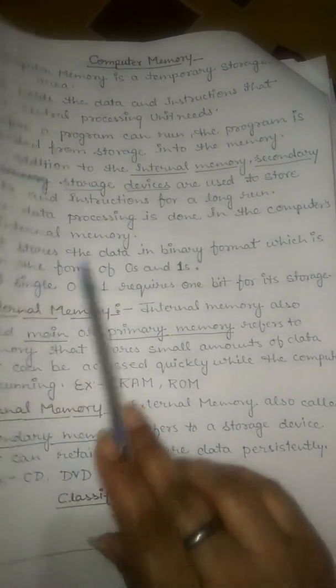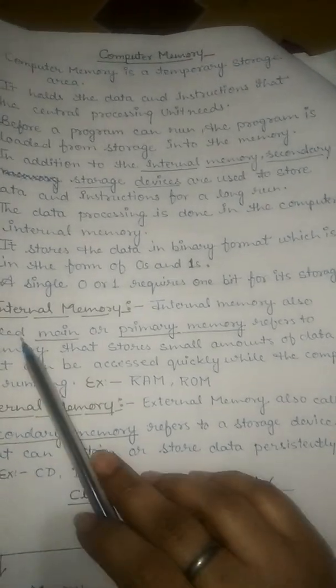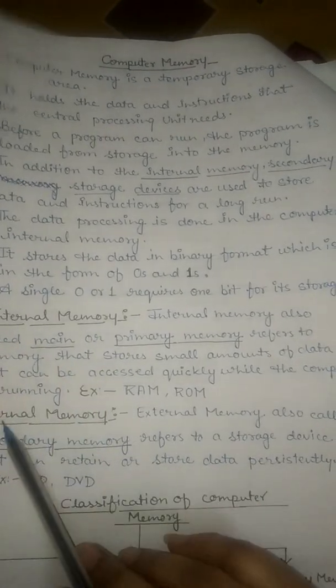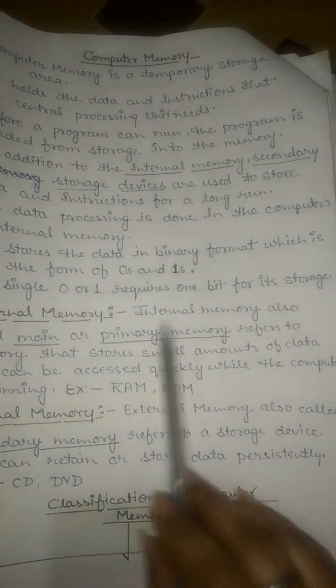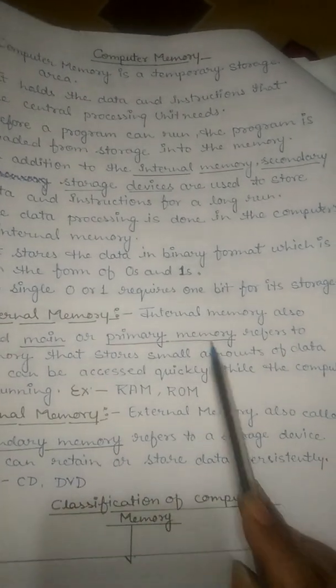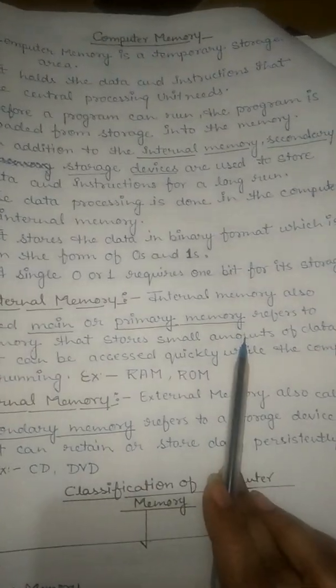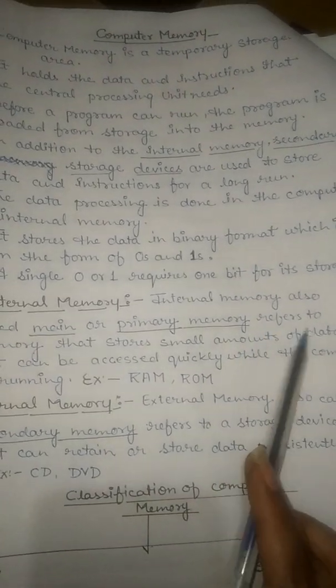Next, computer memory. There are two types of memory, two parts: internal and external. Internal memory is also called main memory or primary memory. So internal memory, main memory and primary memory are the same thing.